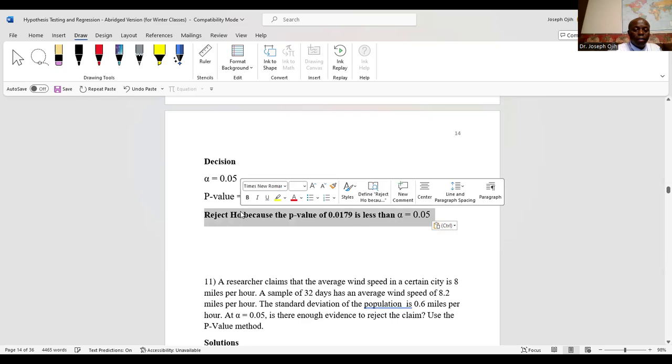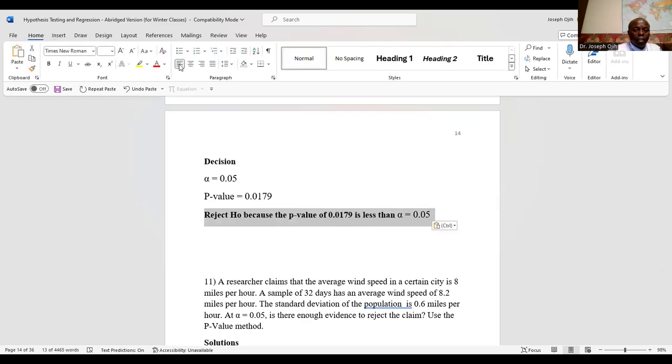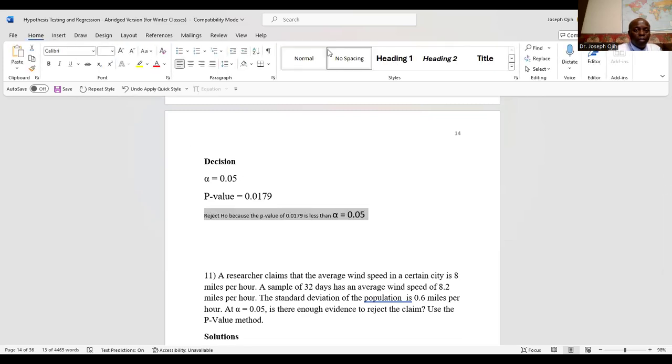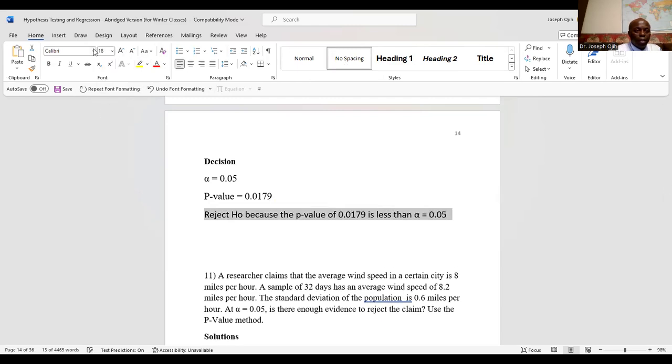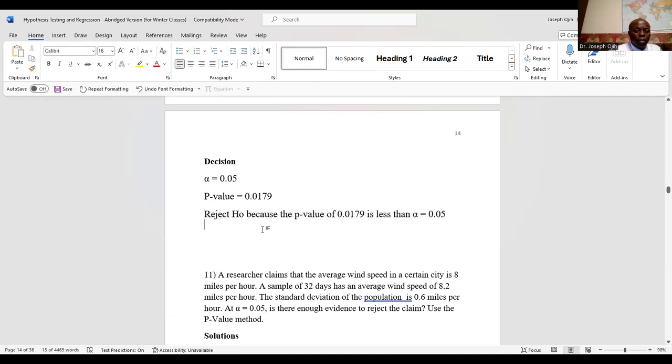See? Because it's less than the alpha of 0.05, we reject the null hypothesis. Okay? So that's why you reject.